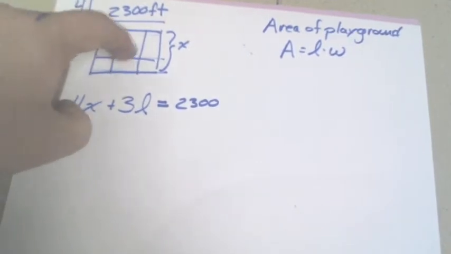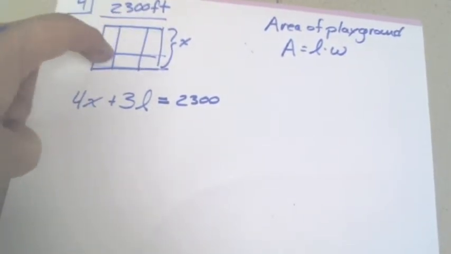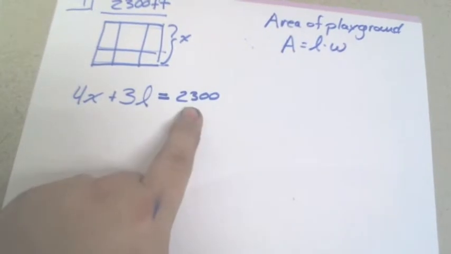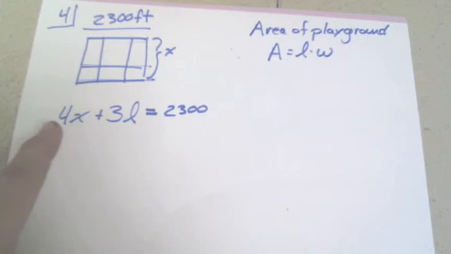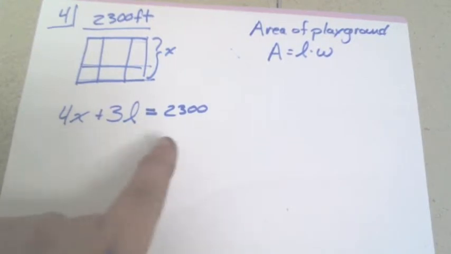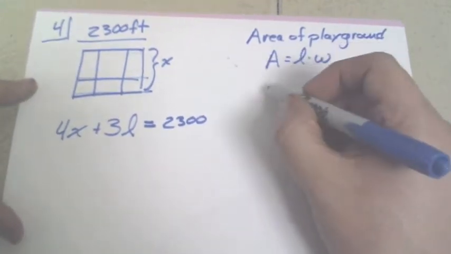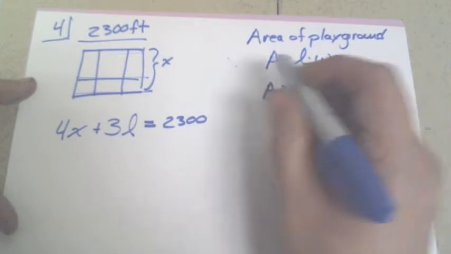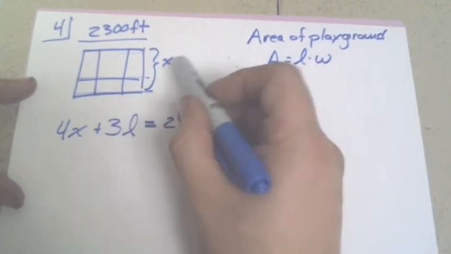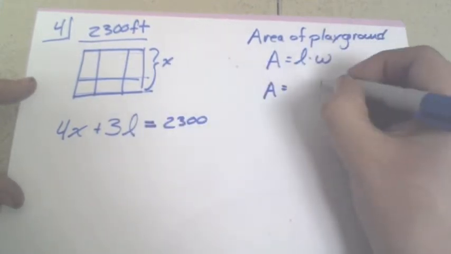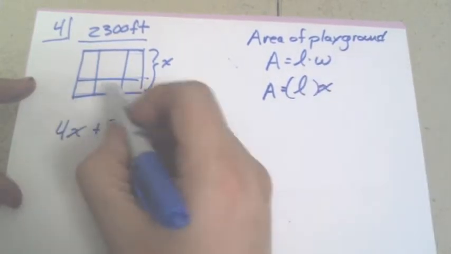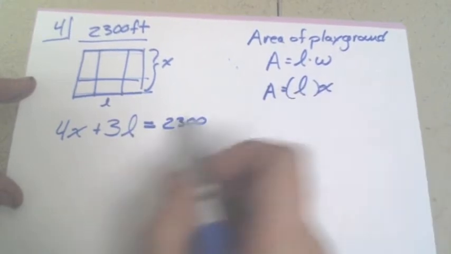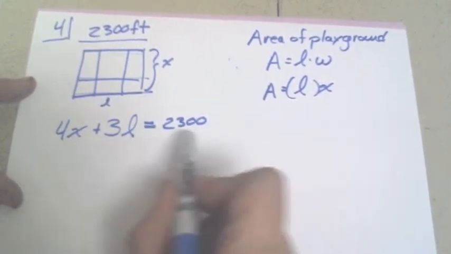Those 4 vertical pieces plus the 3 horizontal pieces has to add up to our total fence length. This is our relationship between our x's and our L's. So if we want to find our area, pick whichever one you want to call x, call the width x, and this our length L. That L is going to be this relationship.